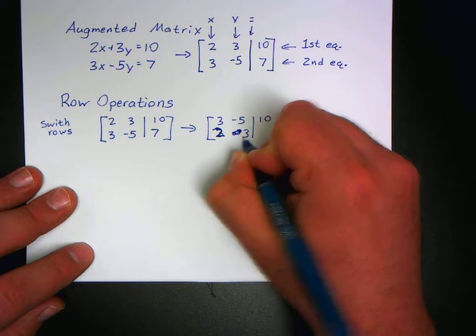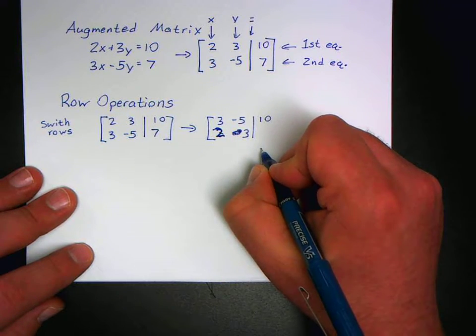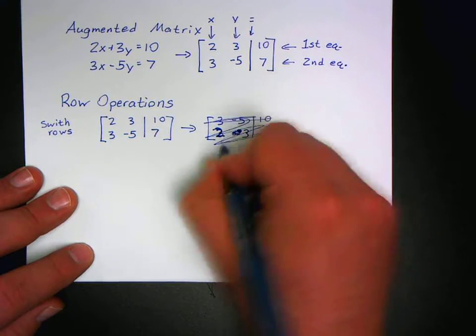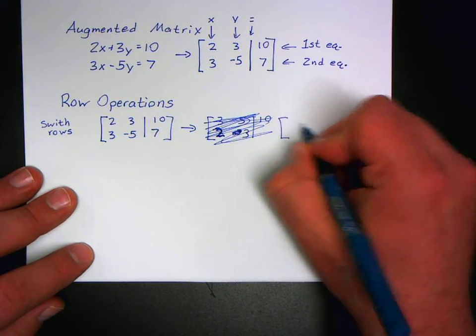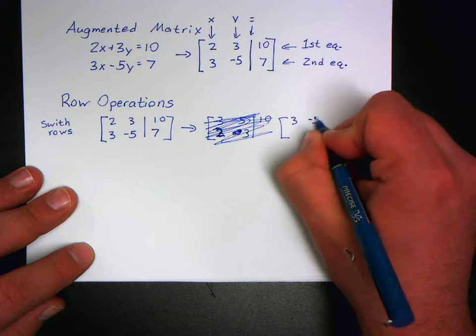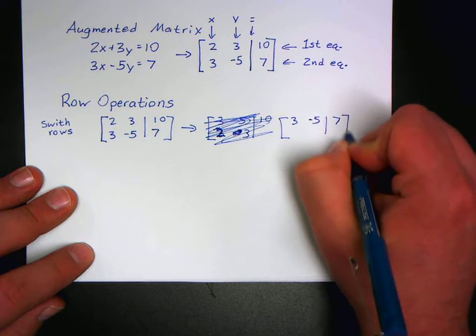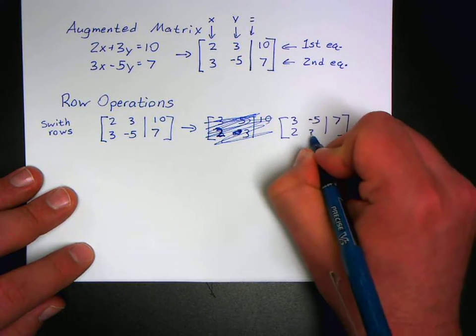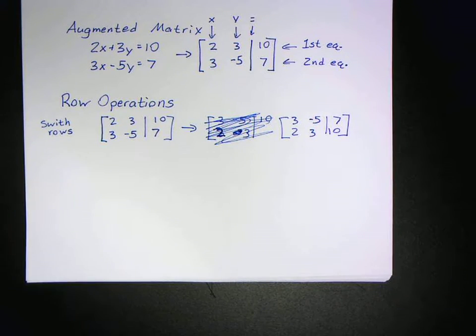If I could actually write it correctly. Okay, that's better. So you can switch rows. I can take the bottom row, move it to the top, and the top row, move it to the bottom. That's one row operation. That one's not the most useful for what we're doing today.